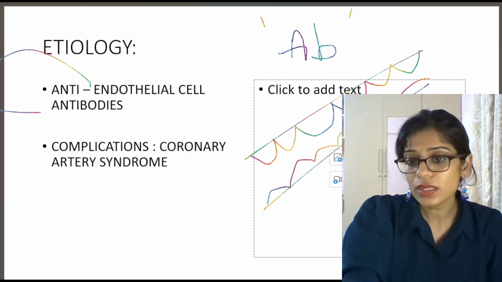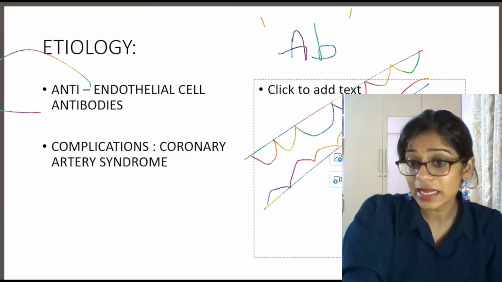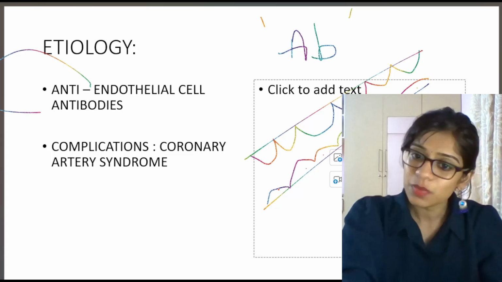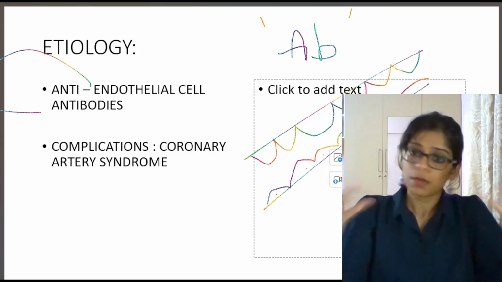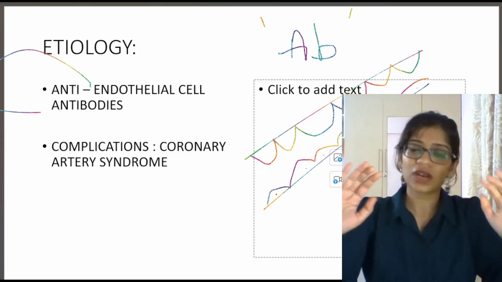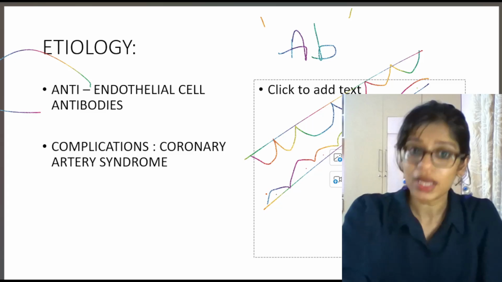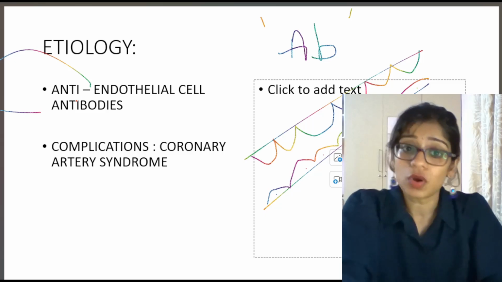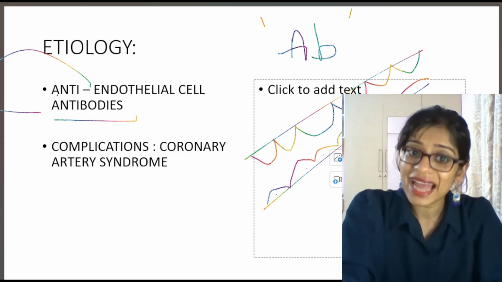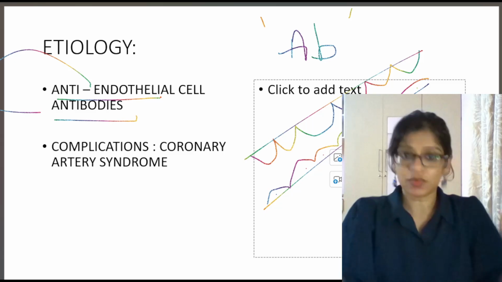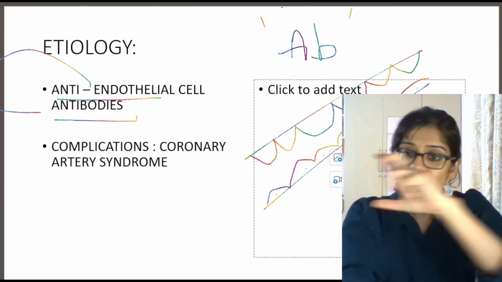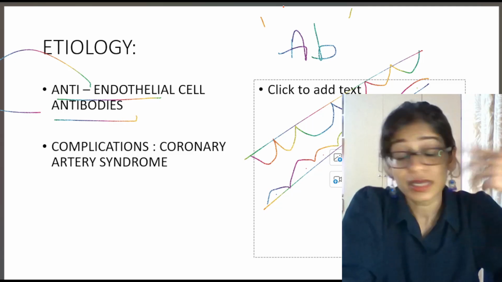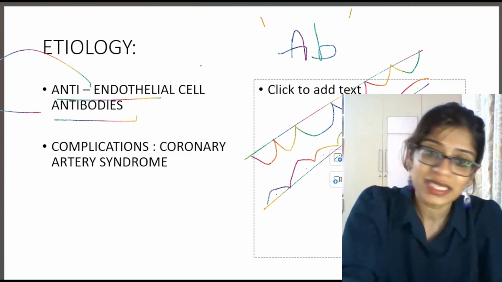So these endothelial cells are attacked by antibodies that the body itself produces, because our immune system is hyperactive. So if your teacher asks why, you can say, ma'am, that is because of antibody production, anti-endothelial cell antibodies. These endothelial cells are attacked by the antibodies that are formed.